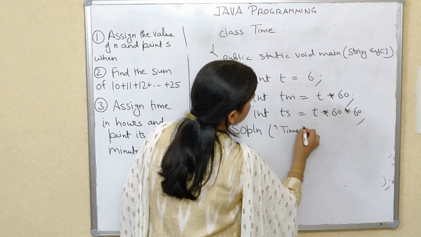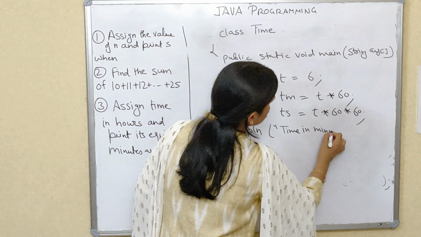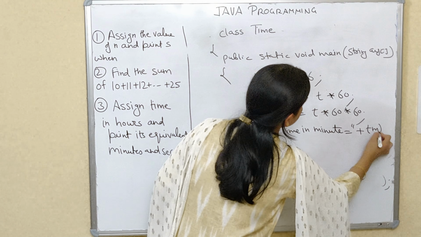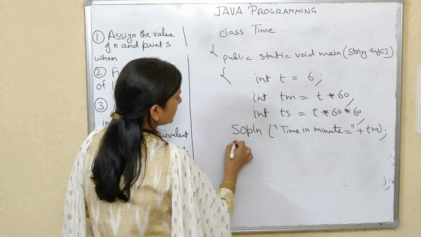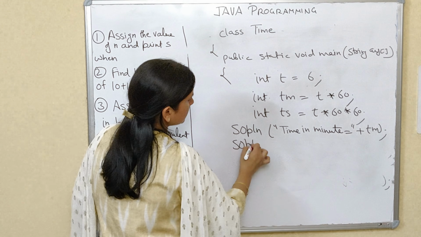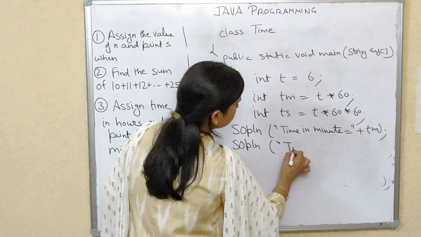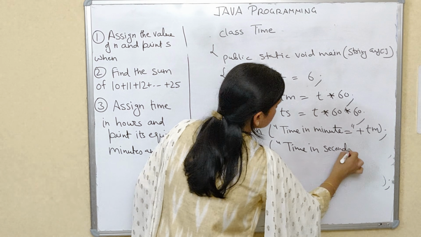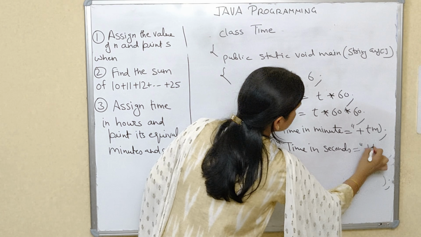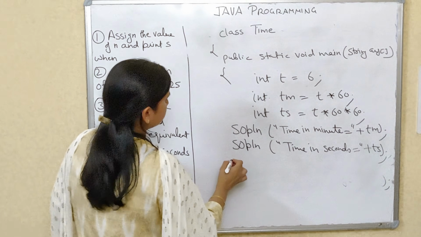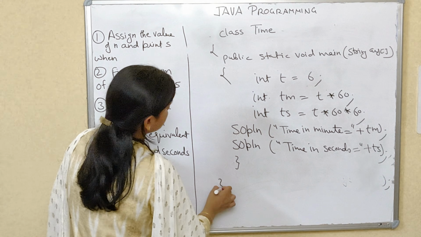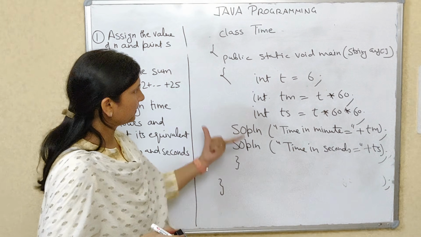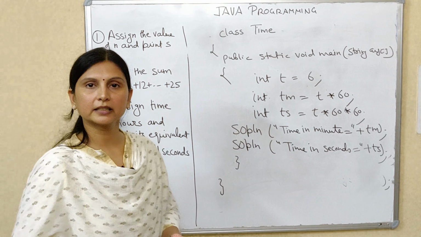Time in minutes equals to plus TM. Right? Time in seconds equals TS. Fine. Very simple program.